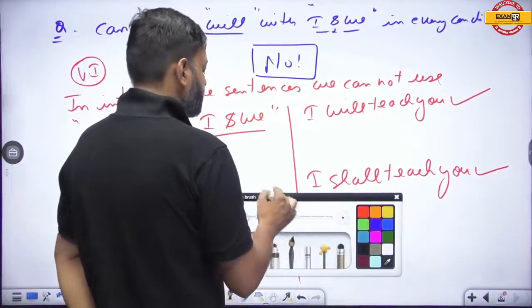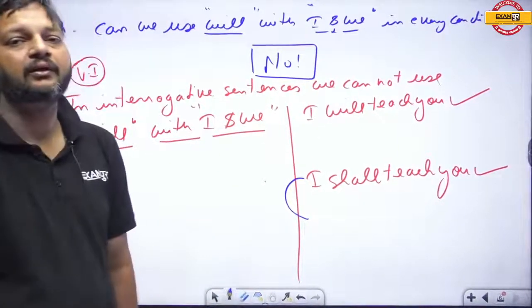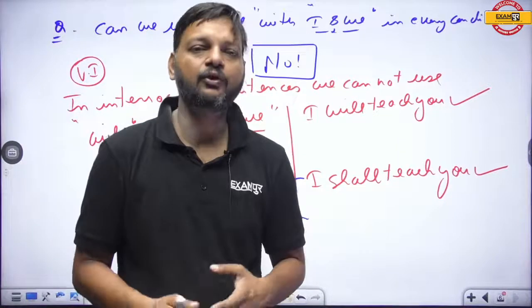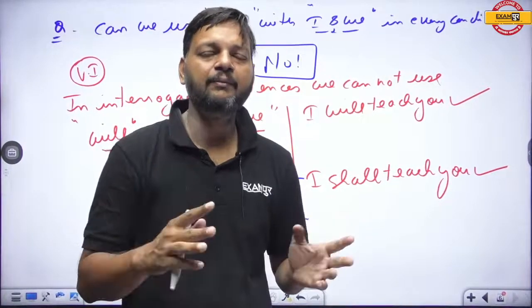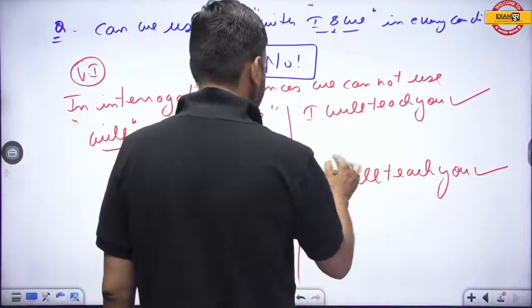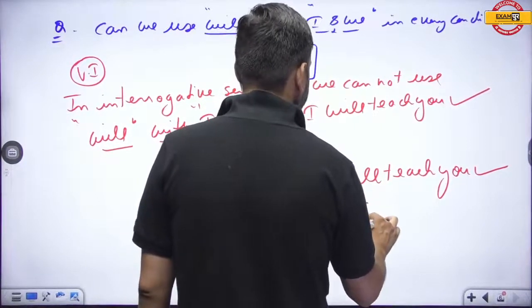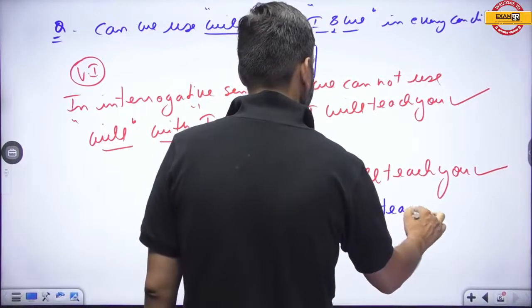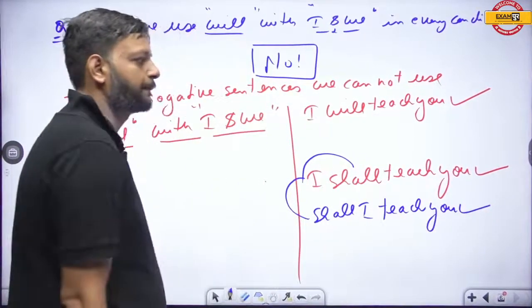Now, change this sentence into interrogative. So whenever we have to make any sentence interrogative, what do we do? We bring the helping verb before subject. So if I make this sentence interrogative, I'll do this. Shall I teach you? This sentence is absolutely correct.